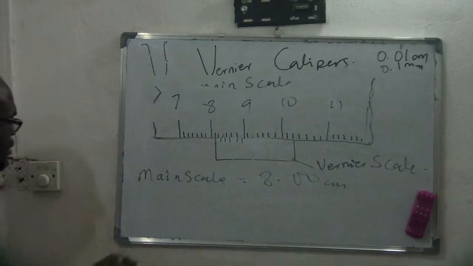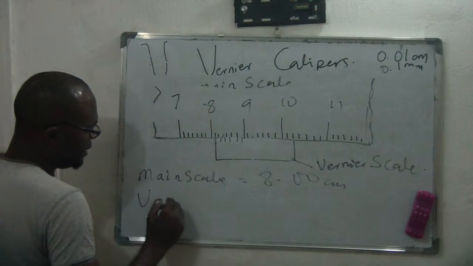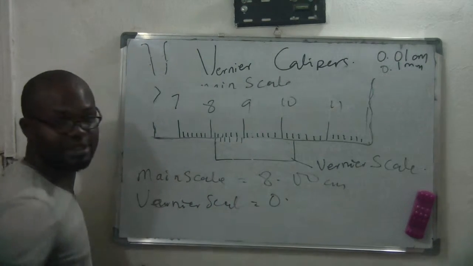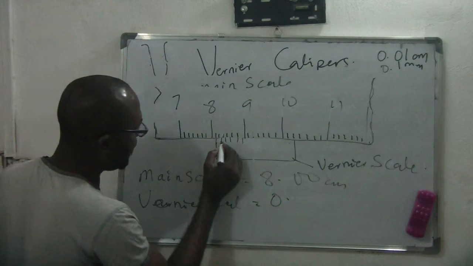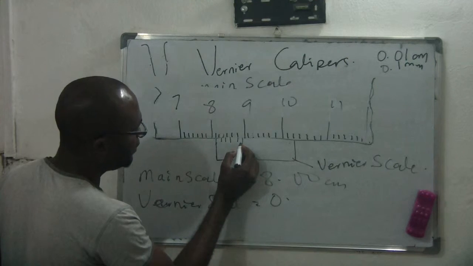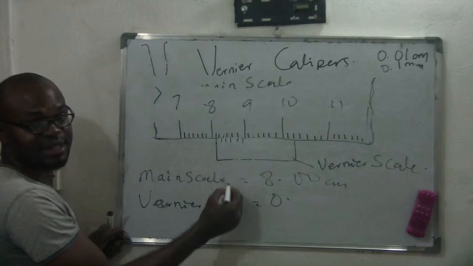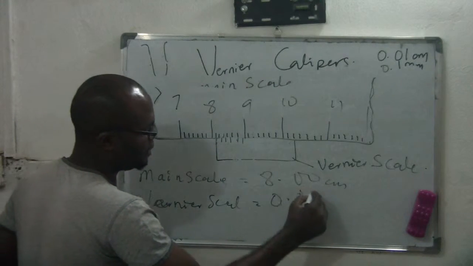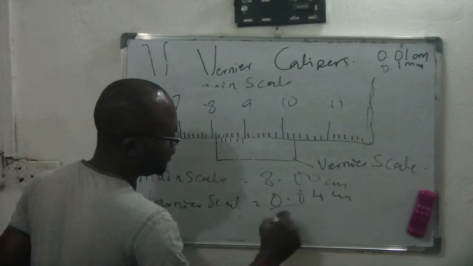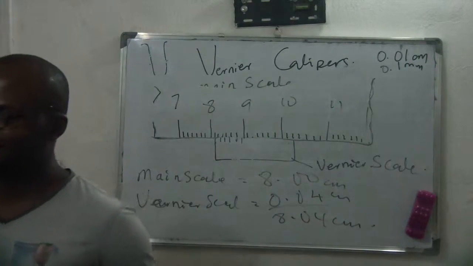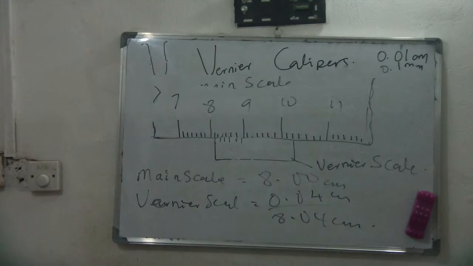That's the main scale reading. What's the vernier scale reading? Let's say 1, 2, 3, 4. This is where both of them intersect, isn't it? Yes. So 0.04 cm. So we have 8.04 cm. Is that clear? Yes. That's the way to take readings of vernier scale.